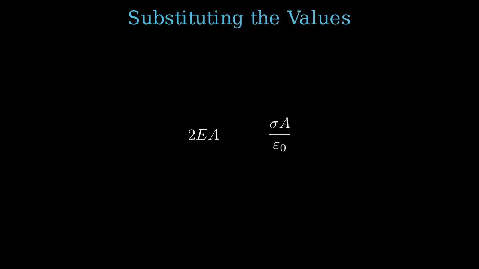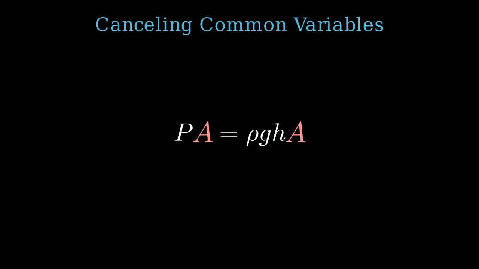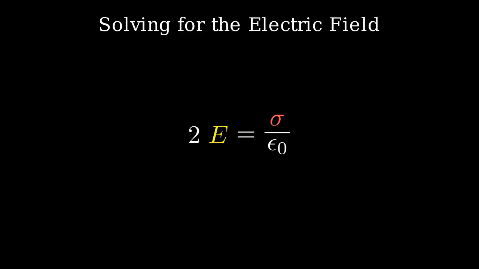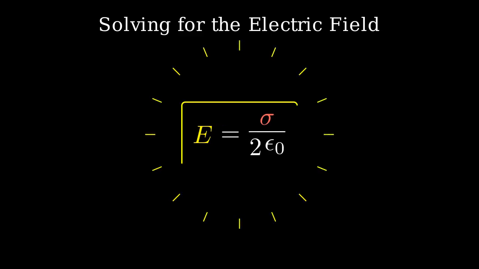Let us plug in the pieces we just found. 2EA equals sigma times A, all divided by epsilon naught. Watch what happens to the area A. It is on both sides of the equation, so it completely cancels out. If we rearrange what is left to solve for E, we get our final answer. The electric field E equals sigma divided by 2 epsilon naught.